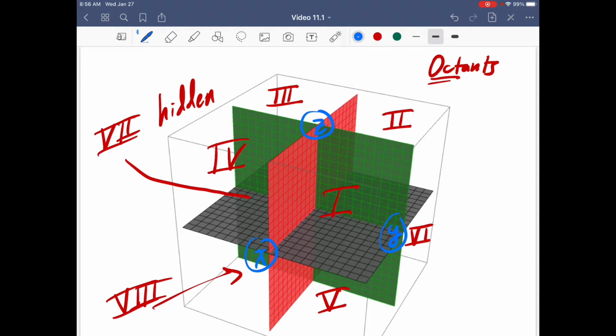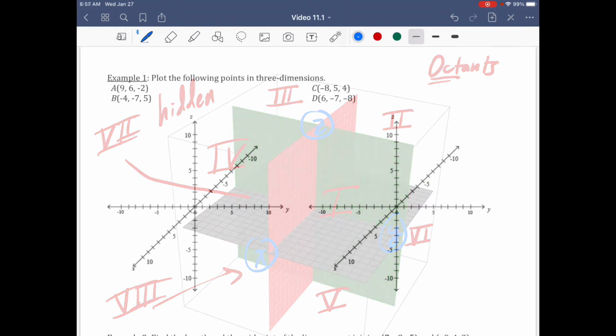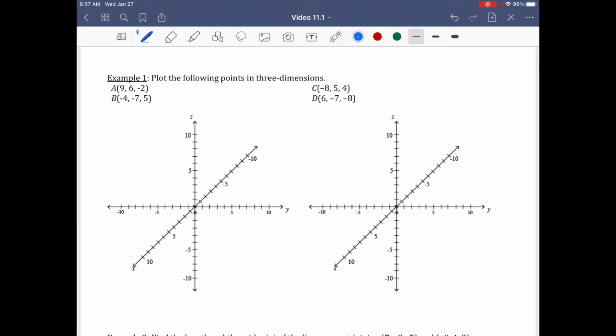So let's get to actually plotting some points on the 3D space. So let's check out an example of plotting some 3D points. Let's take a look at point A here. So point A is 9, 6, -2.